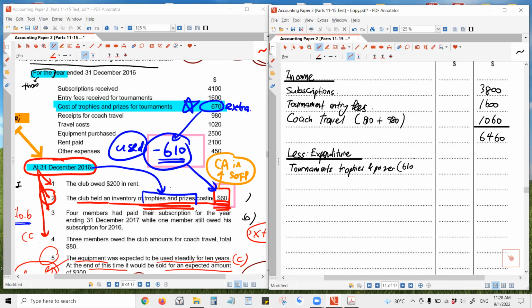Because in the current year, you should have bought $610 worth of trophies and prizes, because you have probably organized competitions that just require $610 worth of trophies and prizes. So 670 minus 60, then you get 610. Don't write inventory, because it could be anything. So you have to write tournament trophies and prizes.